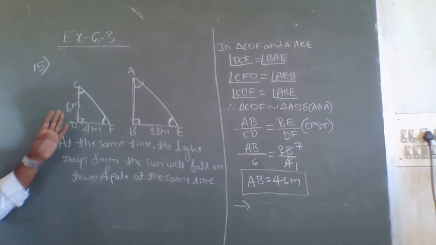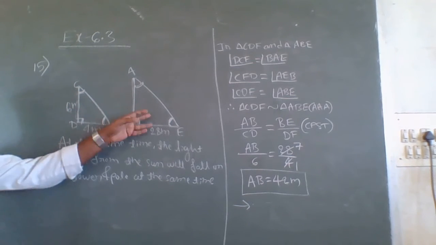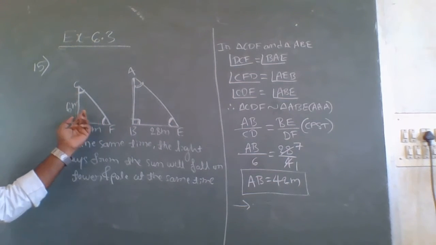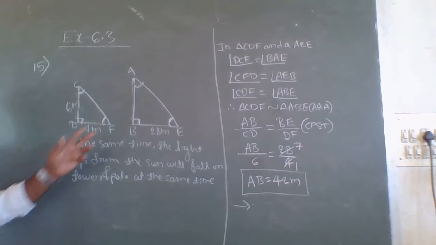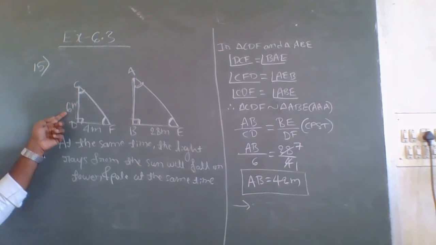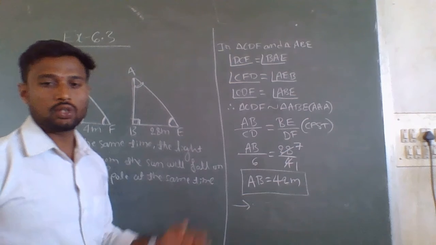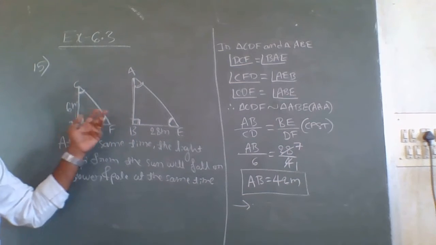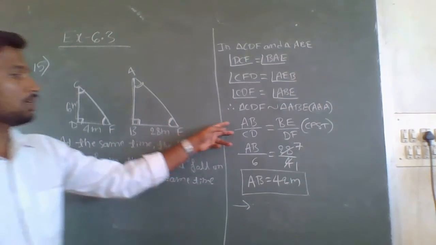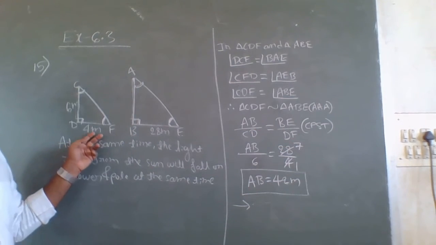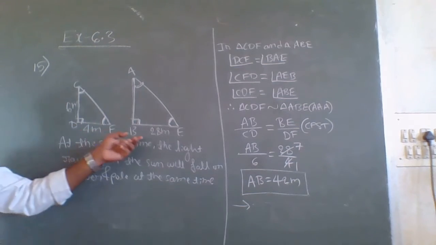So what we did here? We should prove these two triangles as similar. How? These three angles are equal. Therefore, these two triangles are similar, and we should consider corresponding sides. We know that in similar triangles, corresponding sides are proportional. Therefore, we will get AB by CD is equal to BE by DF, and consider the values which are given here.